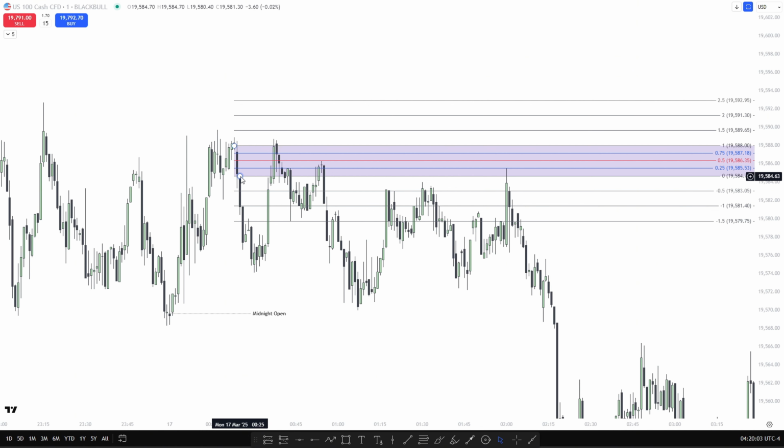But generally speaking, if it's a larger extension day, when you're using the open, high, low, and close rule, if it's a bullish day, it's going to go open, low, and then high. So this open, low, initial manipulation down under midnight price will go around 1 standard deviation, and then it's going to reverse.